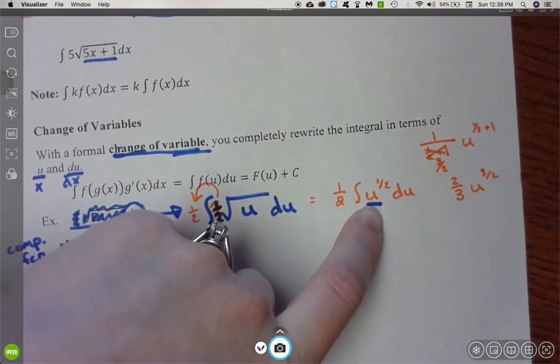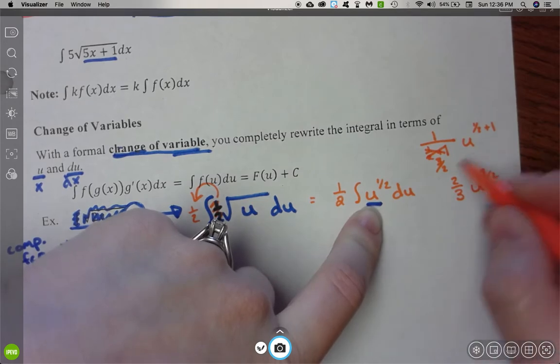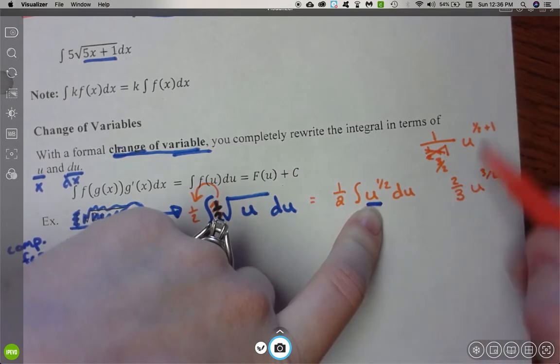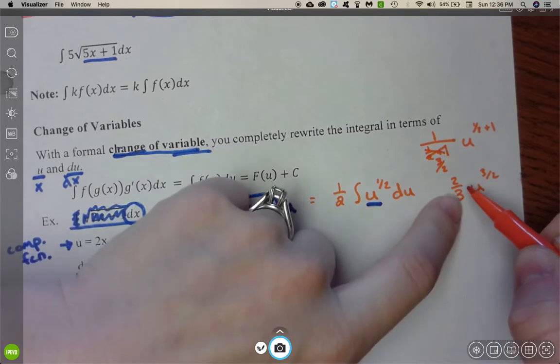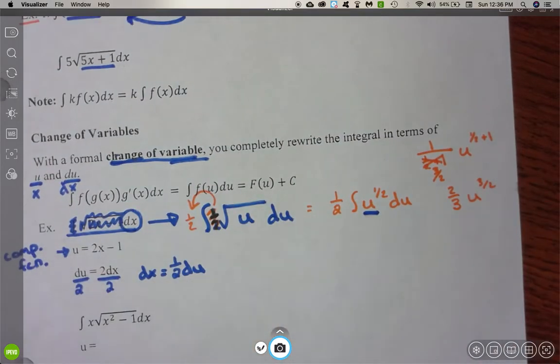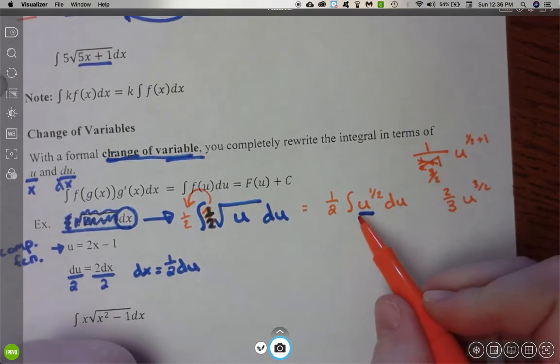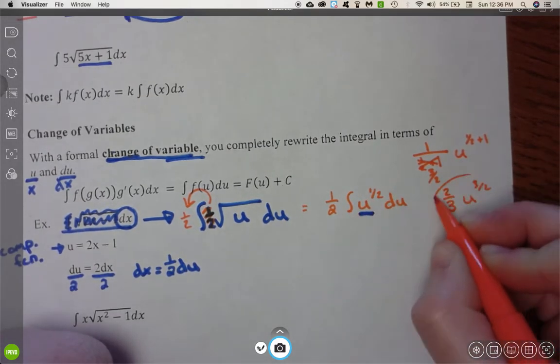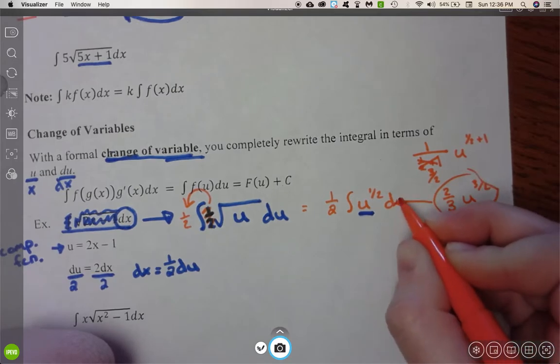Think about taking the derivative of this. If I take the 3/2 power and multiply by 2/3, that gets rid of it, and subtracting from the exponent gives u to the 1/2 power, so I get back to the original. So 2/3 u to the 3/2 power goes in here.